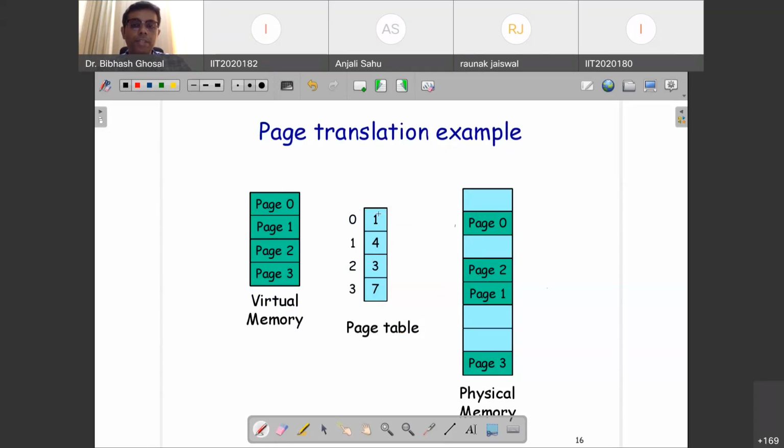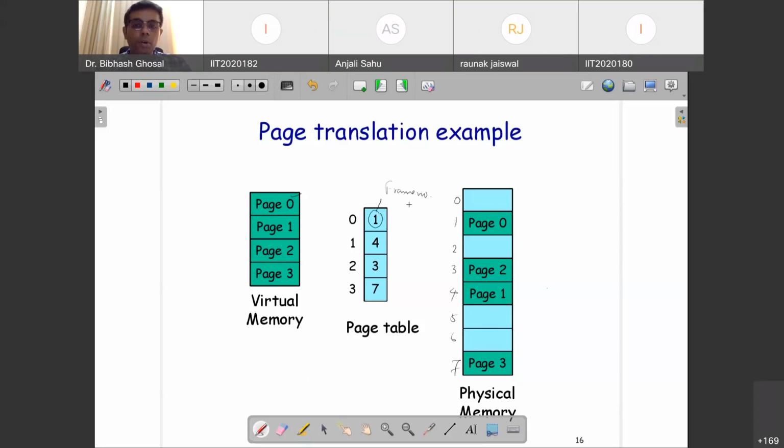And what do you have in the page table? The equivalent frame number. There are 4 pages of this virtual address space. These 4 pages lie in this way in the physical memory. So this is frame number 0, 1, 2, 3, 4, 5, 6, and 7. Page number 0 corresponds to frame number 1. So what we have in this case is the frame number.